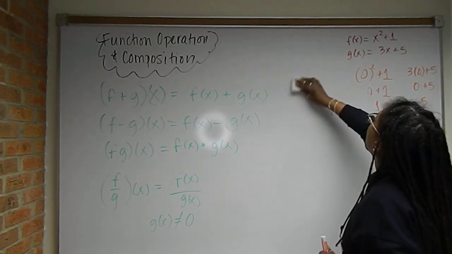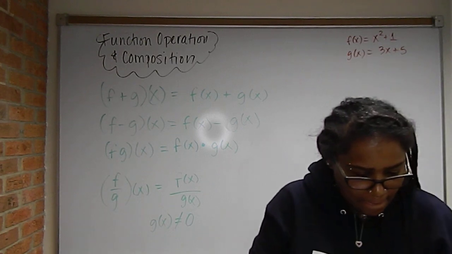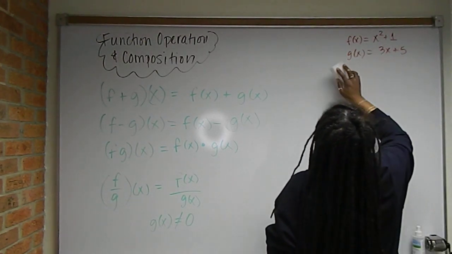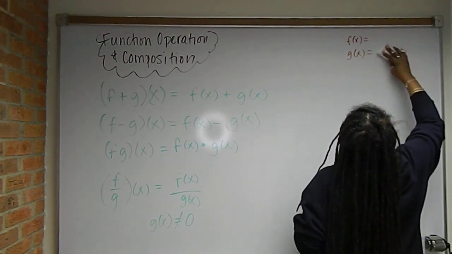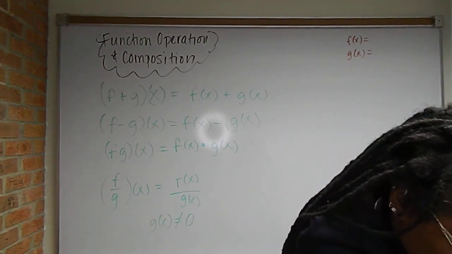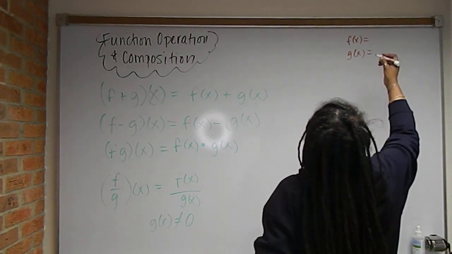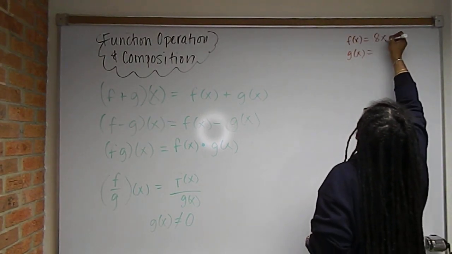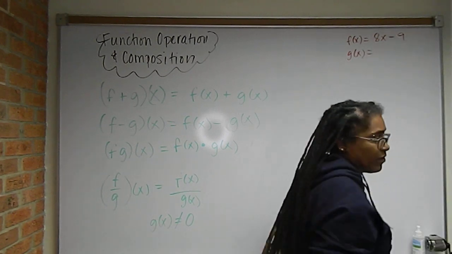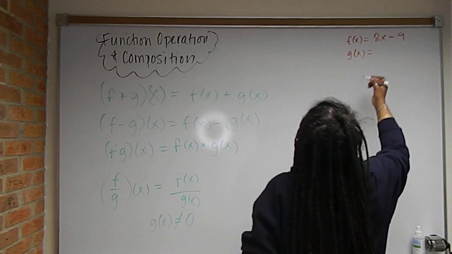So we're going to erase this. I think I can keep with the same functions. Let me see. No, let me change your functions. So I'm going to change your functions to f of x is going to be 8x minus 9. And g of x is going to be, you ready for this?